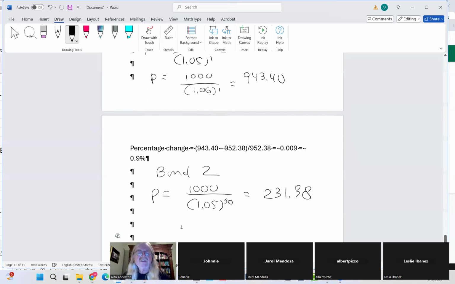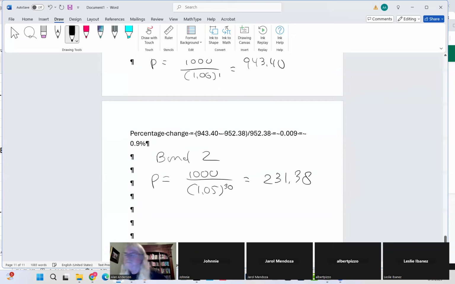And now, after the increase in yields, it goes down to 174.11. Now, what kind of percentage change is that?